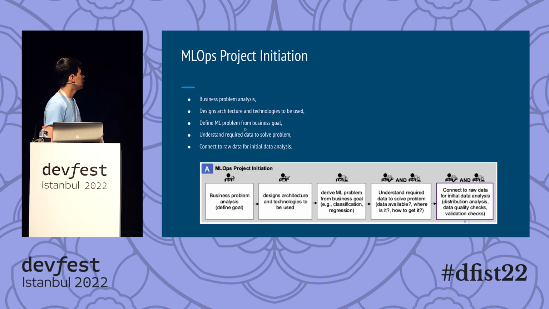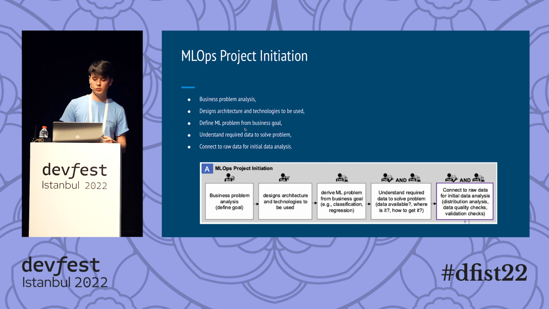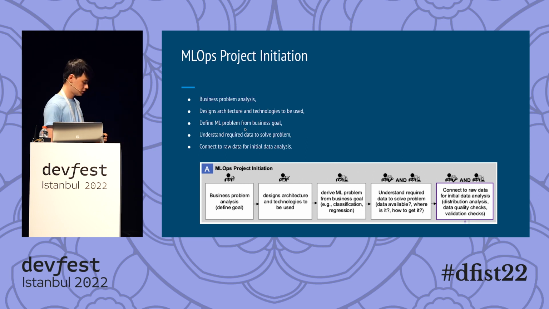Next one, MLOps project initiation. All projects start with problem analysis, defining the goal, as I already talked about, then designing the architecture and technologies to be used. This is done by another person. Then data scientists derive the ML problem from the business goal.